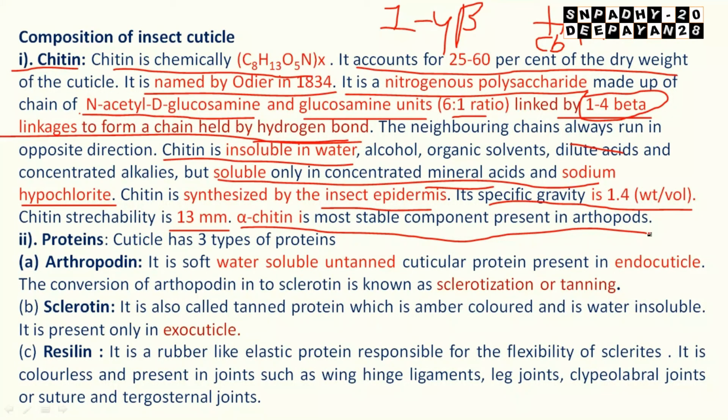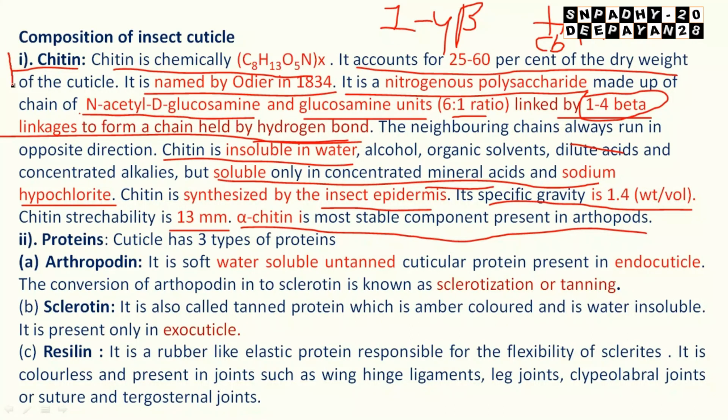It is a nitrogenous polysaccharide made up of N-acetyl D-glucosamine and glucosamine unit in 6:1 ratio, linked by 1,4-beta linkages to make hydrogen bonds. Leave those things. Chitin is generally insoluble in water, alcohol, and organic solvents, but soluble in sodium hypochlorite. Chitin is synthesized by the epidermal cells. Specific gravity is 1.4 weight by volume. Stretchability is 13 mm. Alpha chitin is the most stable among all kinds of chitin in arthropods.